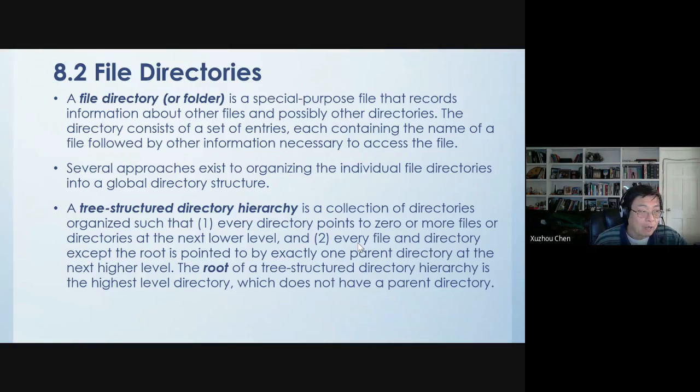The file directory is a type of file, but it's not the file that stores your data. It's the file that stores other files. A file directory is a special purpose file that records information about other files and possibly other directories.